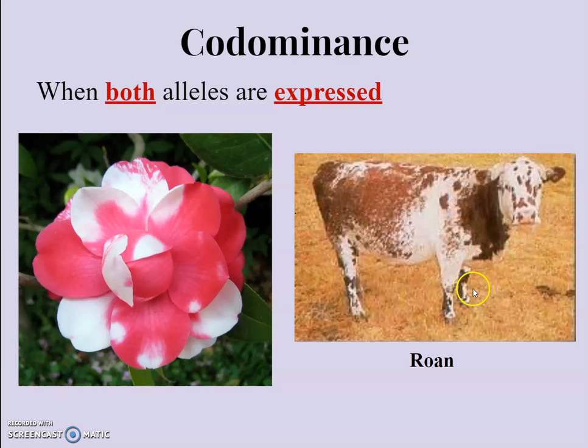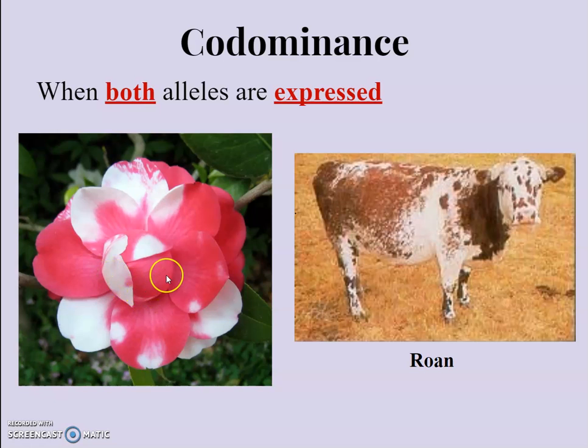Now the next one we're going to look at is codominance. With codominance, once again, you don't have a recessive gene. Both of them are dominant, and when both alleles are present, both alleles are expressed. So the homozygous pink here would be 2 capital P's, and the homozygous white here would be 2 capital W's.